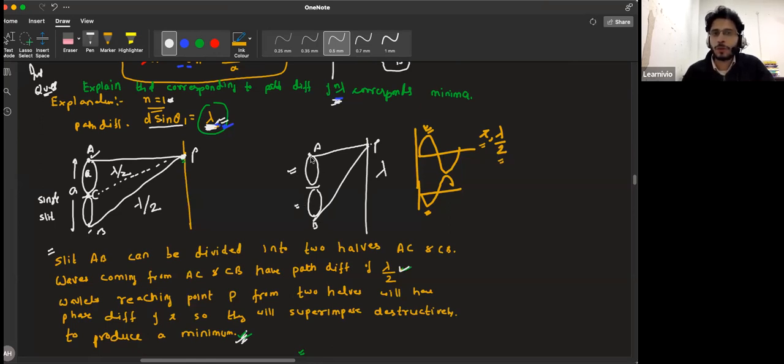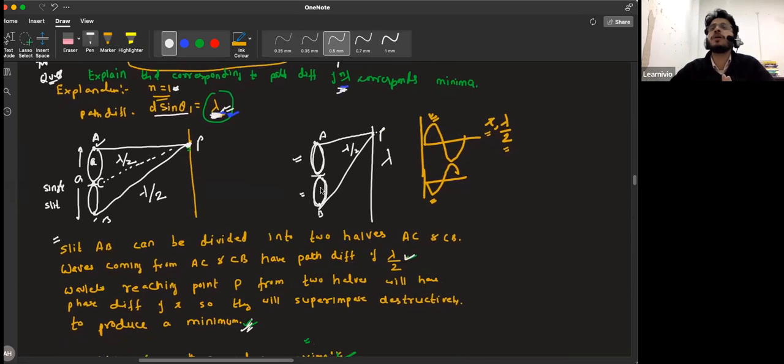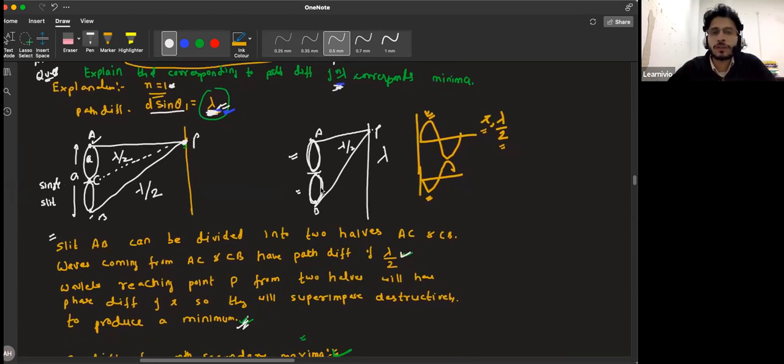From where does this lambda by 2 come? We just divide the slit into two equal parts, taking waves from the first half and from the second half, so the path difference gets halved. If path difference is lambda by 2, then it is destructive, so wave and wave will cancel out each other.